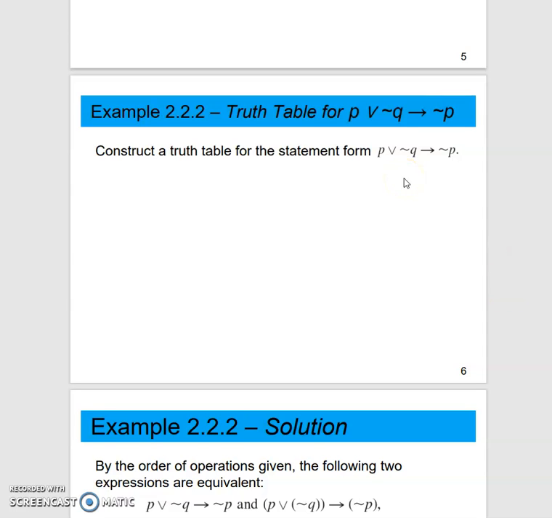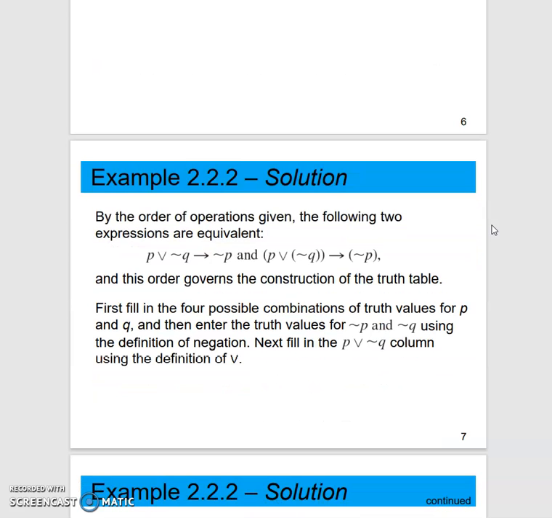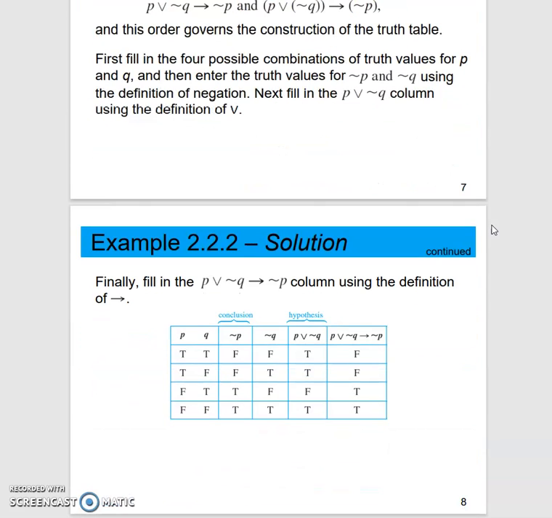So once again, let's see if we can put together one of our larger truth tables. Here's our statement we'd like to look at. Again, as with my other truth tables, I'm going to take each piece individually and work it up until I can get that full one. So here is my solution. Again, we're going to have those left two columns.